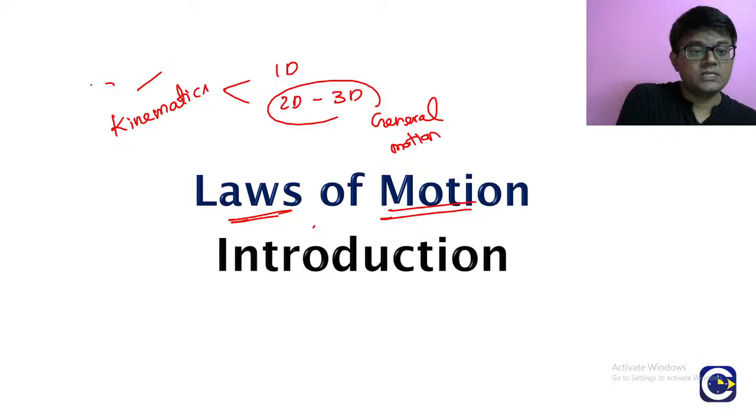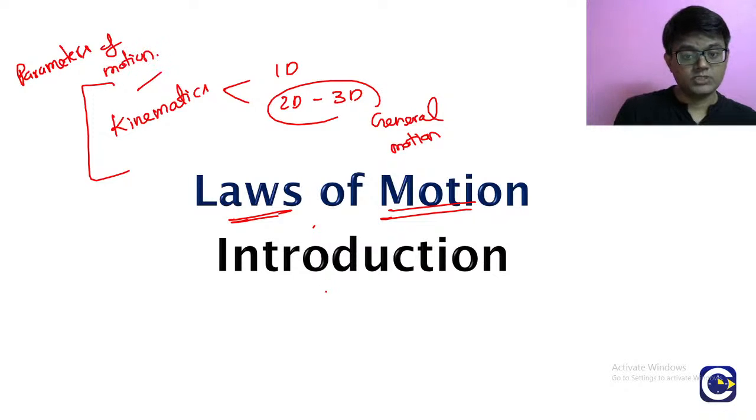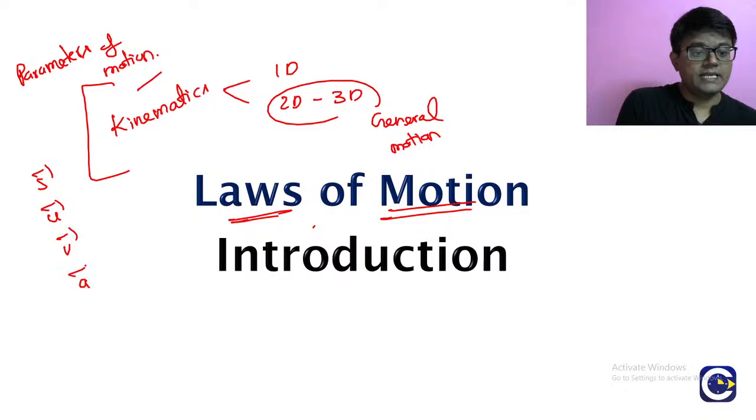So in kinematics, mostly what have we studied? We have studied the parameters of motion, like displacement, initial velocity, final velocity, acceleration. The relation between these parameters is what we were focusing on in kinematics.